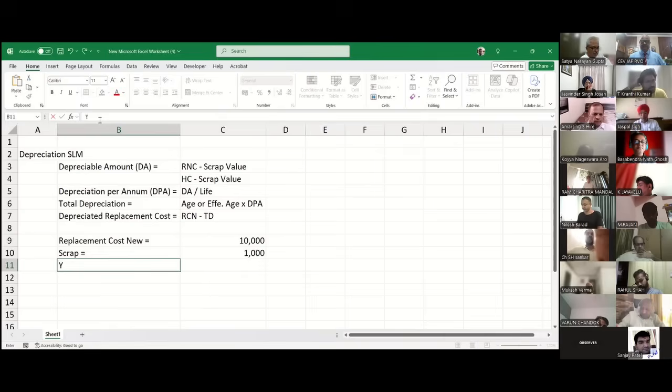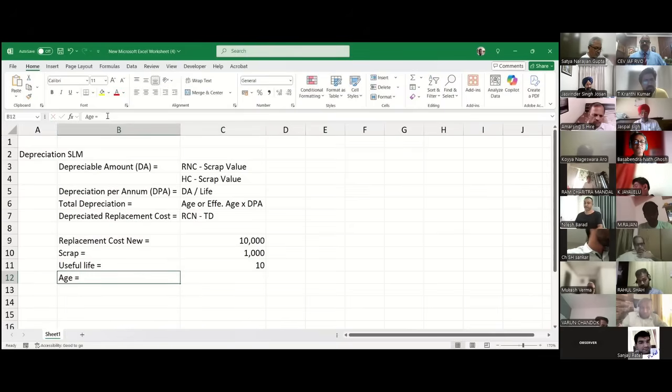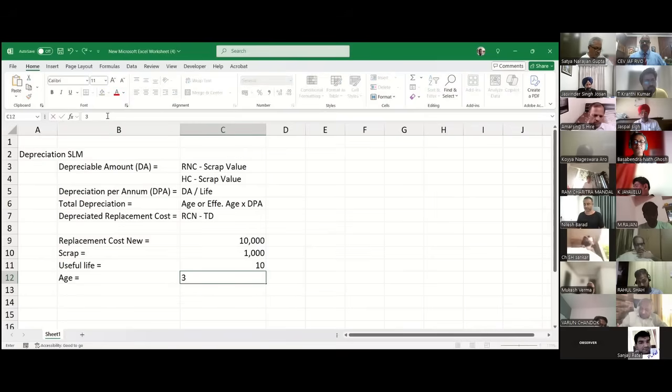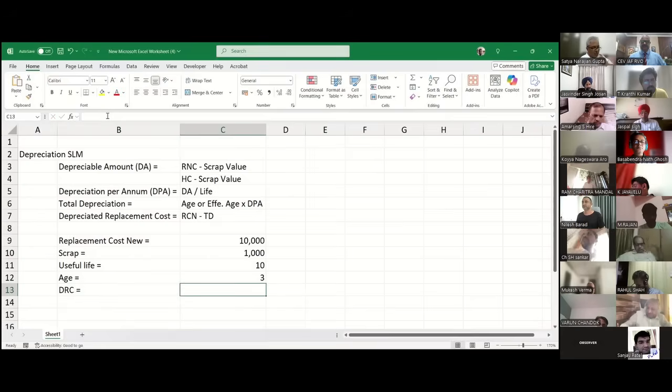Life, or say useful life, is equal to 10 years. Age is 3 years. Find the DRC, depreciated replacement cost.